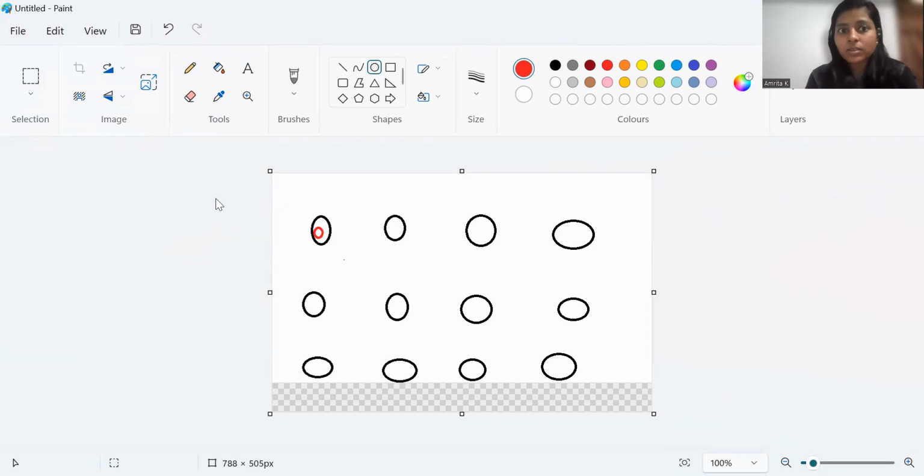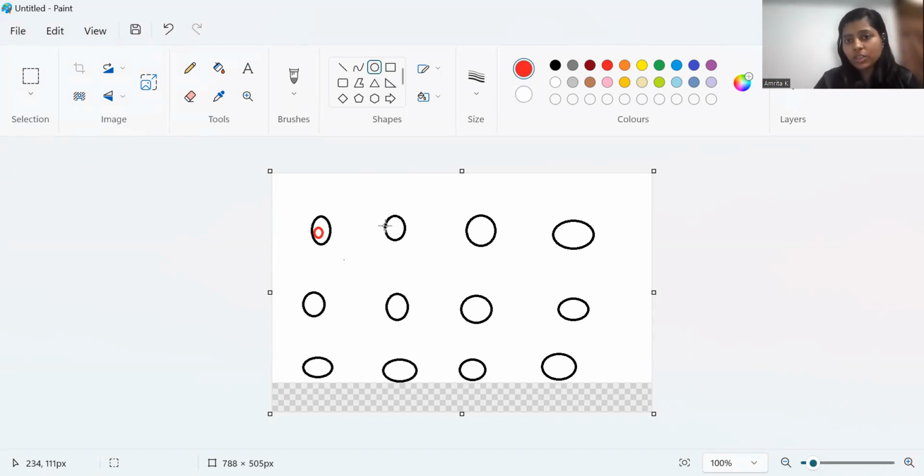Okay. So we have 12 apples here. Now, these are arranged in the form of rows. So first row has 4 apples, second row has 4 apples, and third row also has 4 apples.